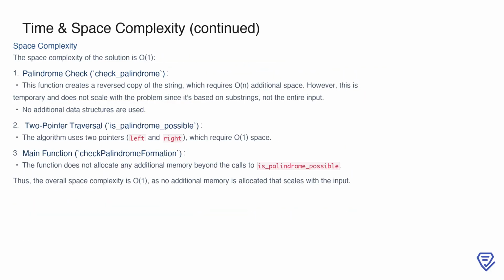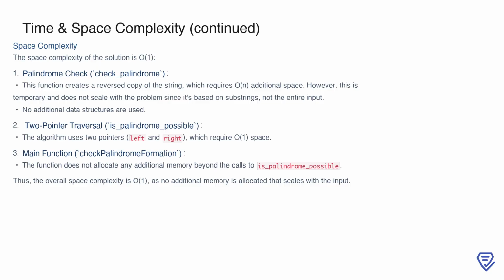The solution has an overall space complexity of O(1), as no additional memory is allocated that scales with the input size. In the check_palindrome function, a reversed copy of the string is created, which requires n space temporarily. However, this space is tied to the substring being processed, not the full input, and does not persist beyond the function call. Importantly, no additional data structures are used here.